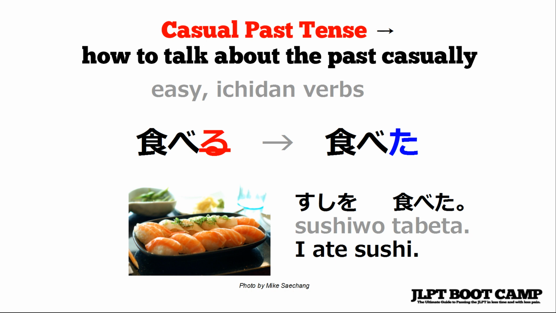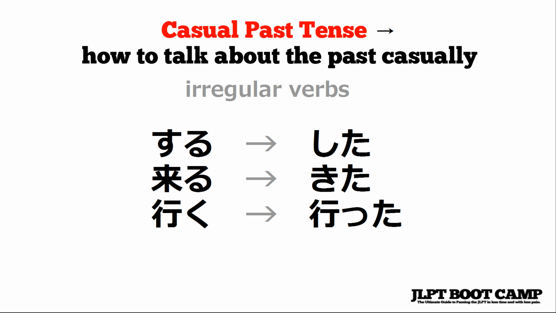And for the casual past tense, actually there are 3 irregular verbs. This is kind of strange. Usually you have suru, kuru. These are always irregular verbs. Suru becomes shita, kuru becomes kita. But for casual past tense, you have iku. Iku becomes itta. There's that little pause there.